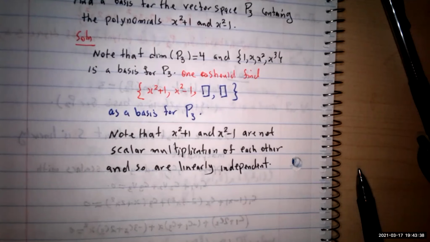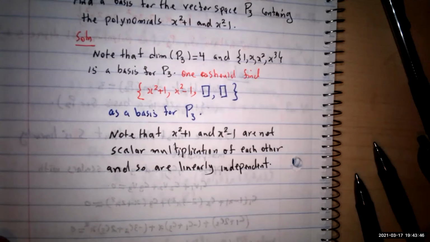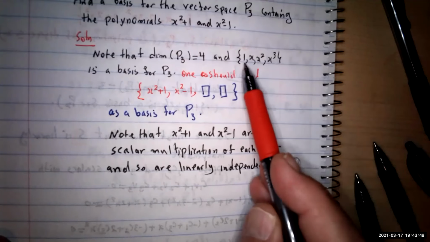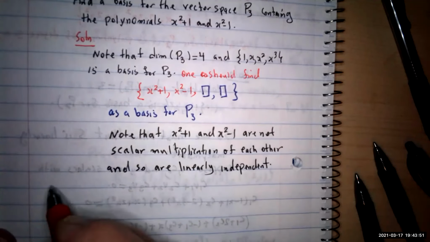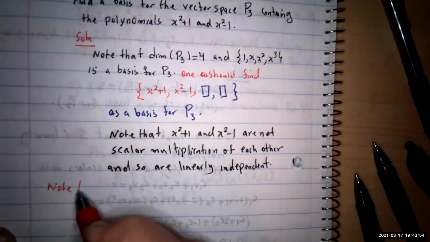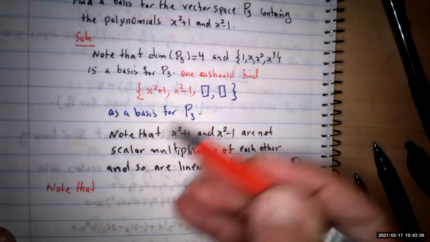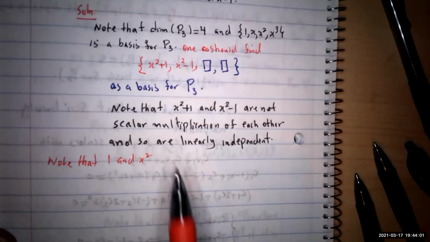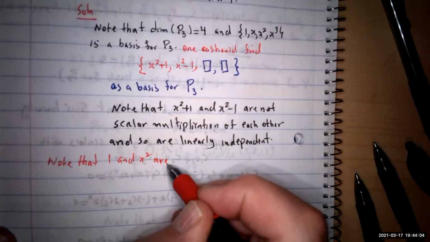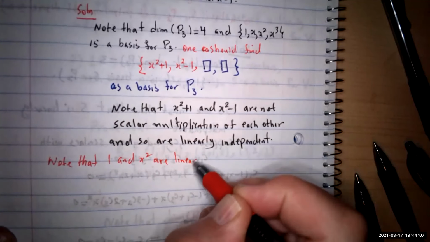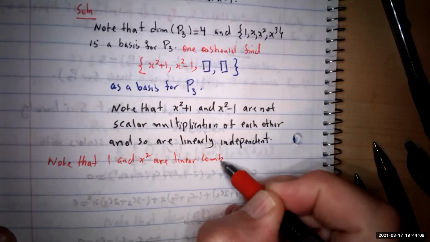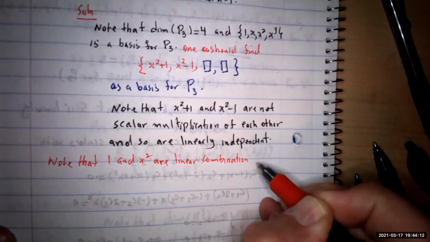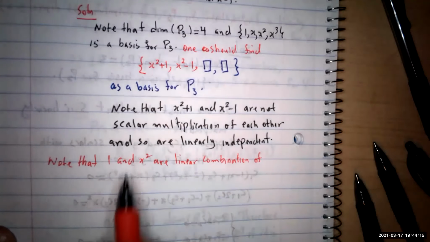So what we are going to do is check which of these vectors are going to be a good one for us to get these numbers. So we note that 1 and x squared are a linear combination of these two vectors that you have.